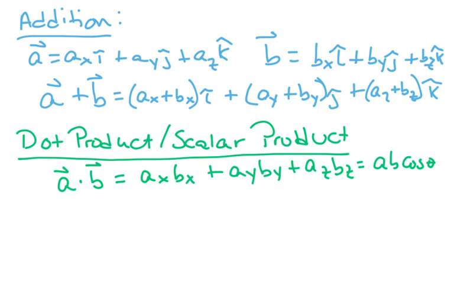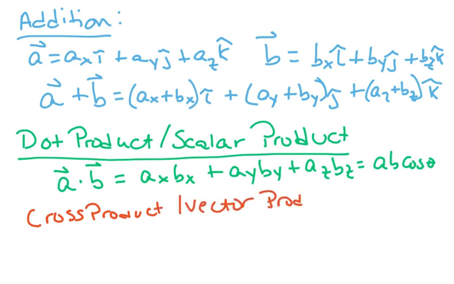And then last but not least, you may have to do a cross product. And a cross product is for vectors, so it's also referred to as a vector product.